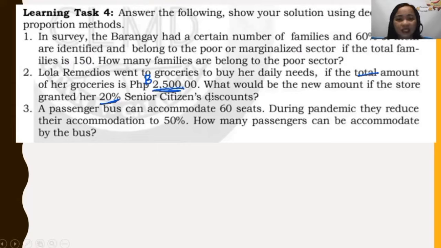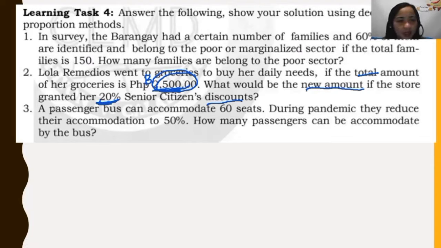So magkakaroon siya ng discount. Pag discount, syempre, ibabawas dito. Kasi discount di ba? Mababawasan siya ng 20%. So magkano na lang yung kanyang babayaran? Magkano yung bago niyang babayaran dun sa store? Kasi magkakaroon siya ng discount. Privilege ng senior citizens. May 20% discount.